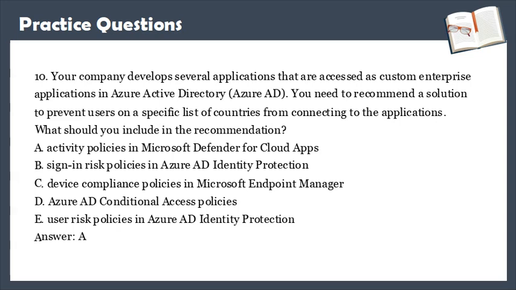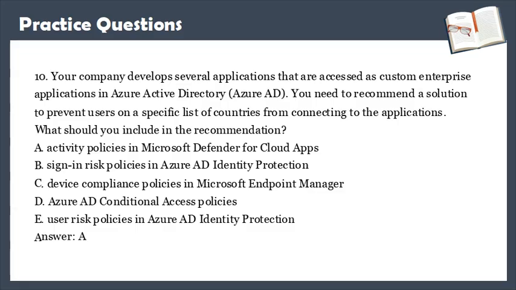10. Your company develops several applications that are accessed as custom enterprise applications in Azure Active Directory, Azure AD. You need to recommend a solution to prevent users on a specific list of countries from connecting to the applications. What should you include in the recommendation?